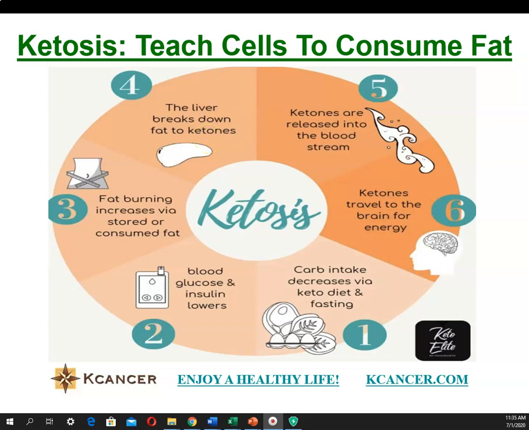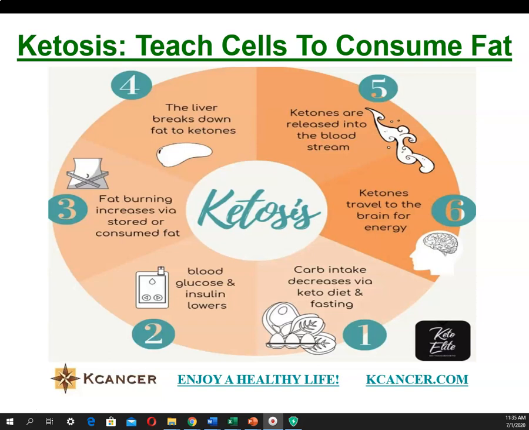Ketones are a much more powerful and much more efficient energy source than glucose. If you train your body to use ketones, the energy source is unlimited, because everybody has fat in the body. You can always use the system. Actually, you don't need to eat all the time, not like glucose, where you always need glucose in the blood to make sure you are not hungry.